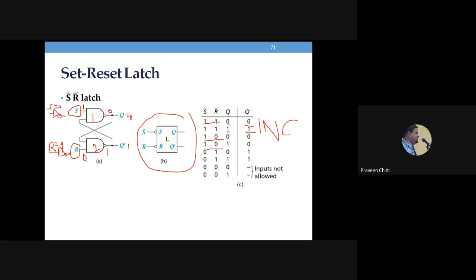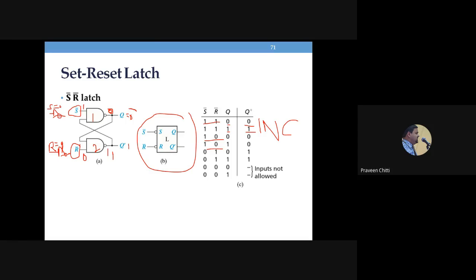The moment you see 0 at the input of the NAND gate, it forces the output to 1, and this one will give the output as 0.